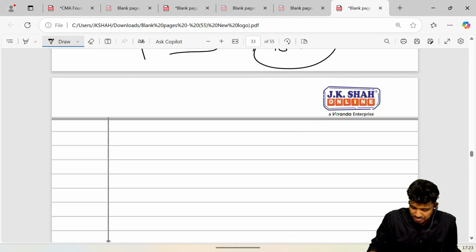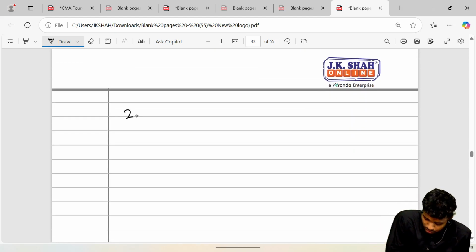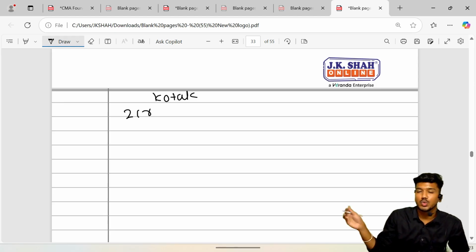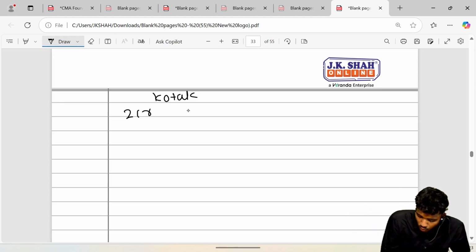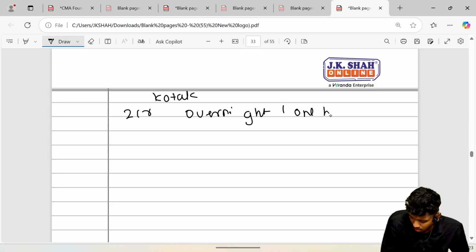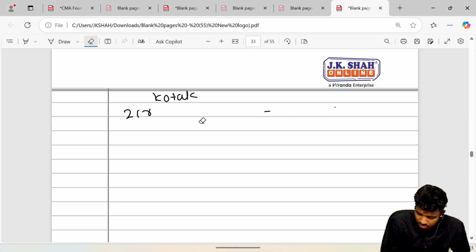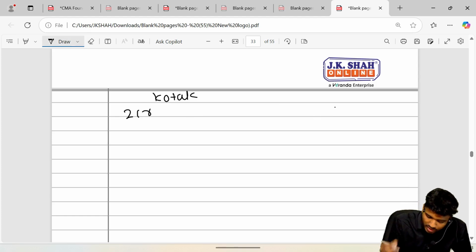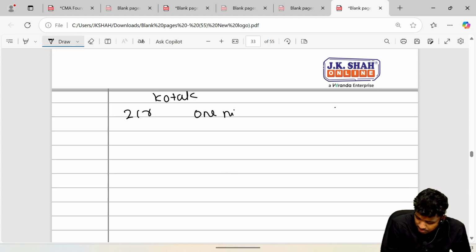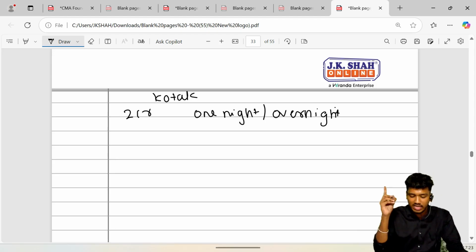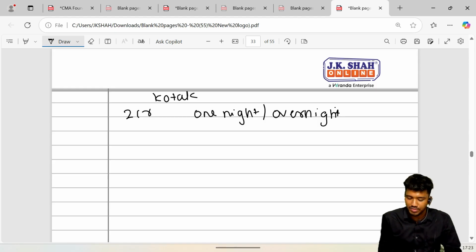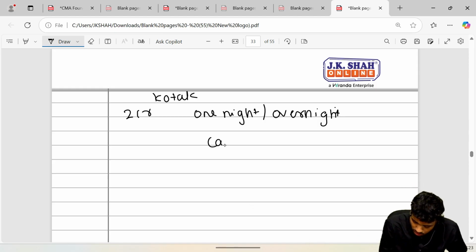Now if Kotak is borrowing that money, 2 crore rupees, if it is for overnight, that is, for one night, then it is called call money.